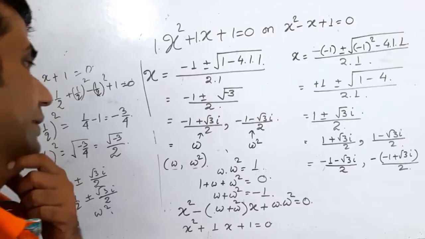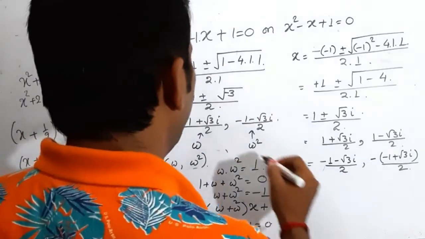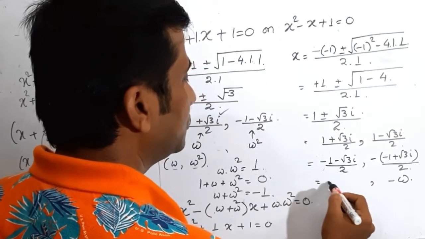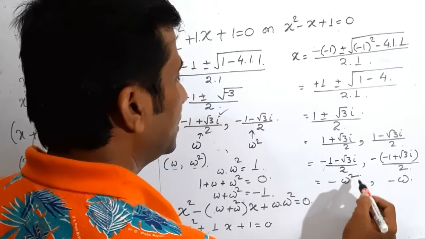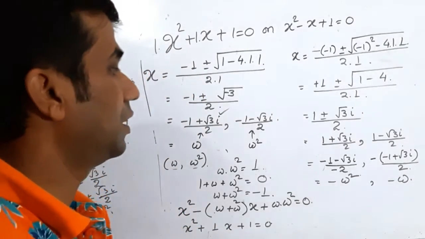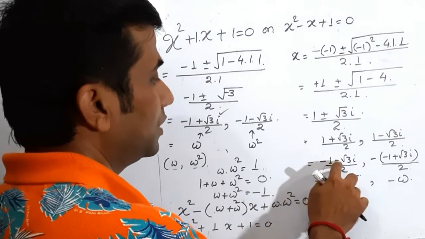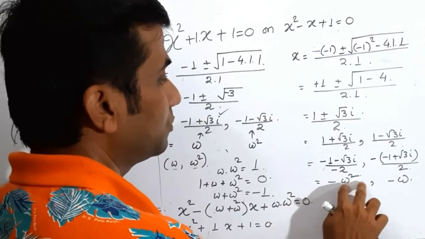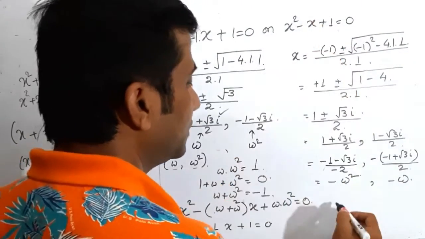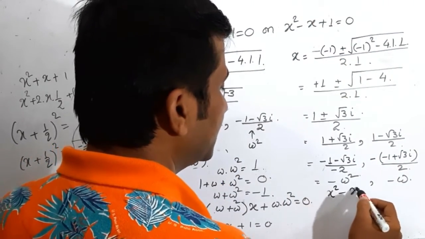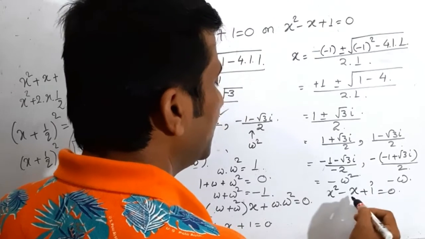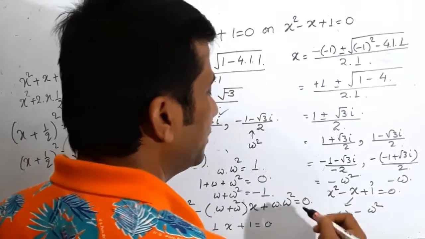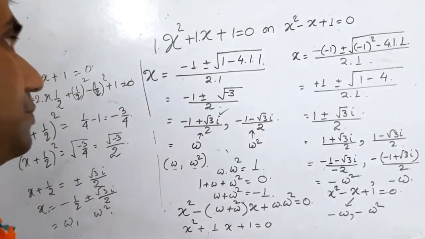That means this is equal to minus omega, and this is equal to minus omega square. So the roots of the equation x square minus x plus 1 is equal to 0 are minus omega, minus omega square.